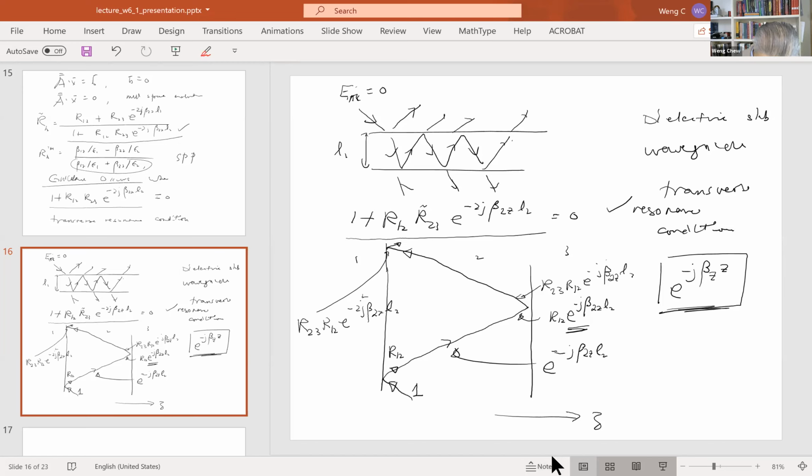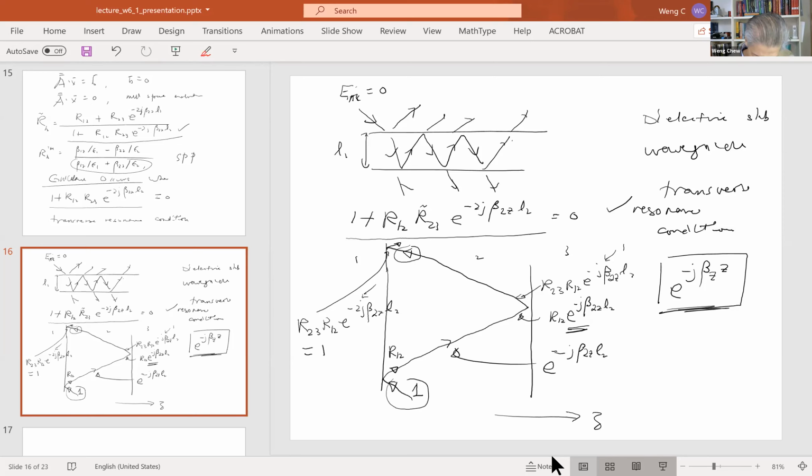So this wave here should be in phase with this wave if there's going to be guidance. These two waves have to be in phase, which means this has to be equal to 1. And this is precisely what this guidance condition says.